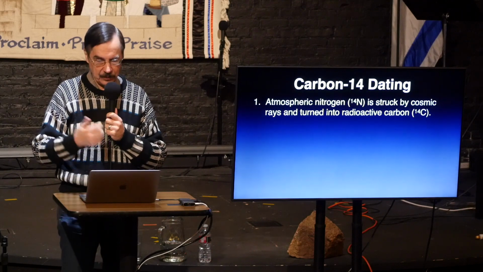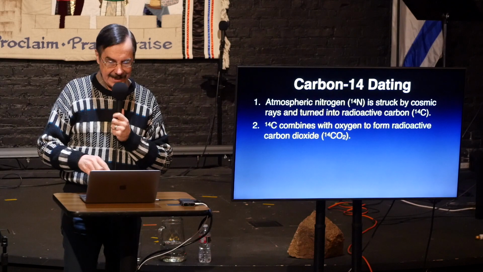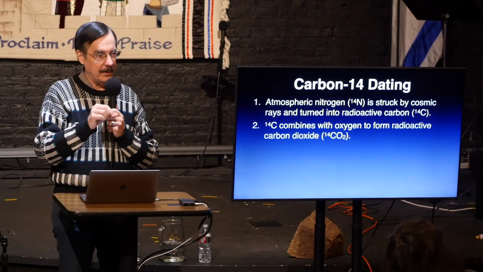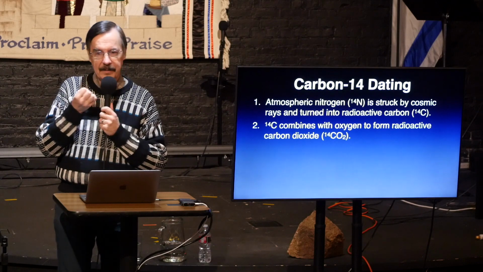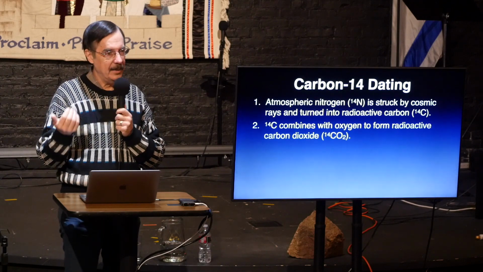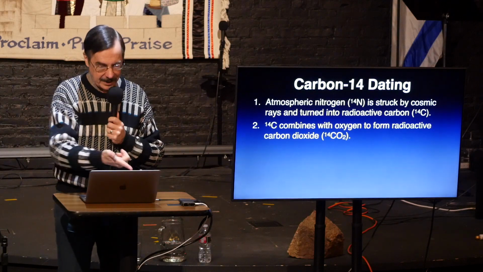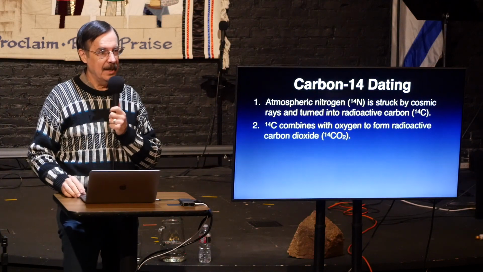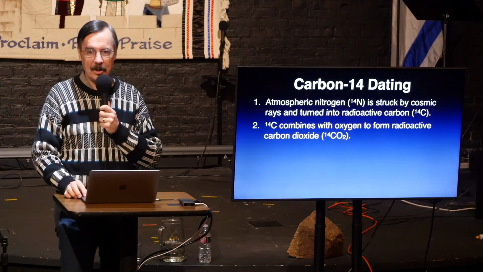Carbon-14 is radioactive, which means it decays. Carbon-14, even though it's radioactive, its only difference is its nuclear attributes, not its chemical attributes, which means it can still combine with things like oxygen to make carbon dioxide, but it's radioactive carbon dioxide.